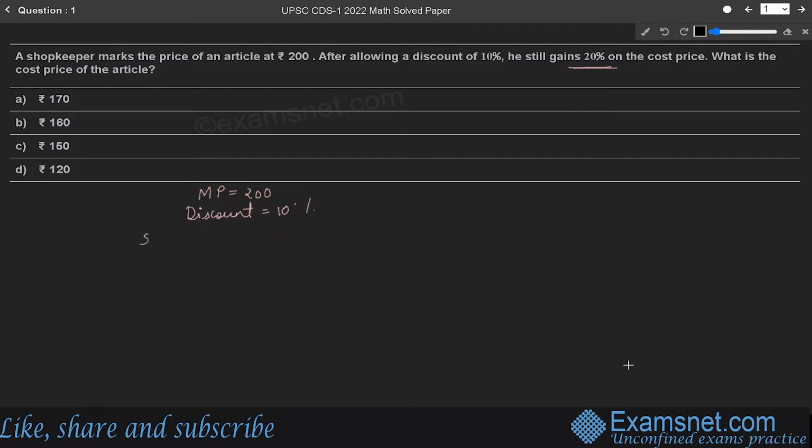We know that SP, selling price, is equal to marked price into (100 minus discount). And we also know that SP is equal to cost price into (100 plus profit).